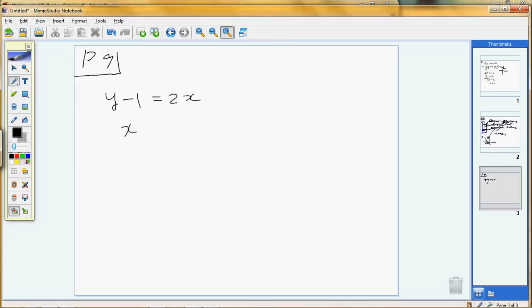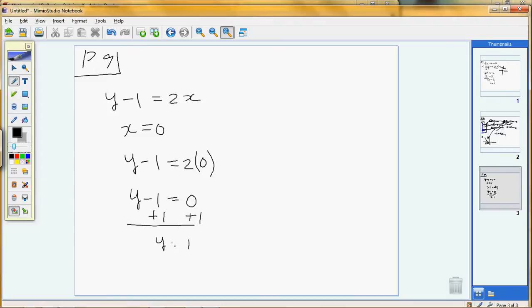So if x equals 0, we have y minus 1 equals 2 times 0. Add 1 to both sides. So y equals 1.